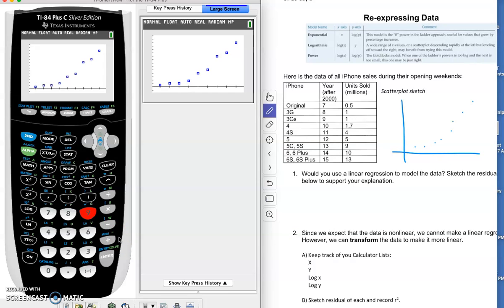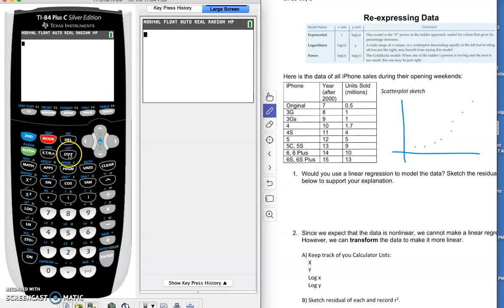Okay, so the first question is, would you use a linear regression to model the data? Well, at the beginning of this unit, you'd probably say, yeah, it's fairly linear, but we now know if we're a little bit unsure, we should look at a residual plot.